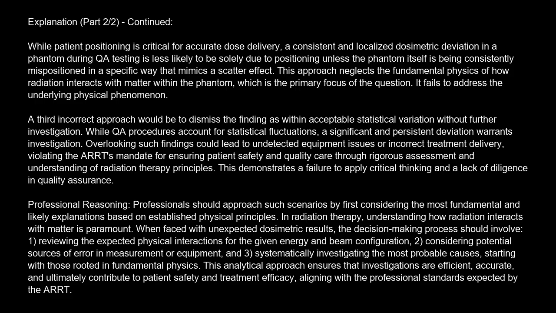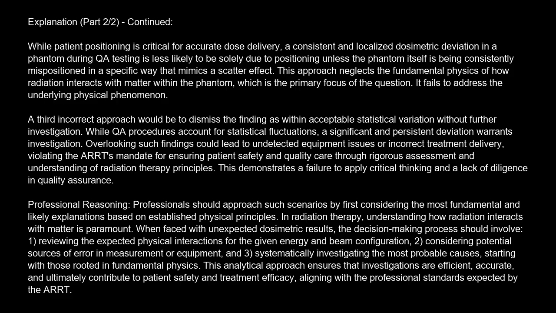Professional reasoning. Professionals should approach such scenarios by first considering the most fundamental and likely explanations based on established physical principles. In radiation therapy, understanding how radiation interacts with matter is paramount. When faced with unexpected dosimetric results, the decision-making process should involve: 1. Reviewing the expected physical interactions for the given energy and beam configuration. 2.